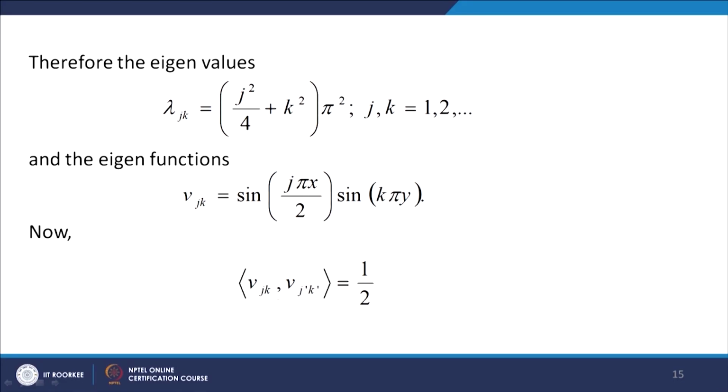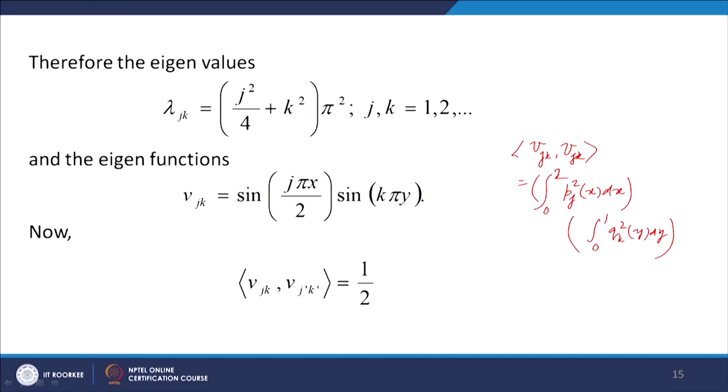Now the inner product of b_jk with b_j'k' is equal to 0 whenever j is not equal to j' or k is not equal to k'. So the inner product of b_jk with b_jk is equal to the integral from 0 to a, that is 0 to 2, of p_j squared x dx, and then the integral from 0 to 1 of q_k squared y dy.